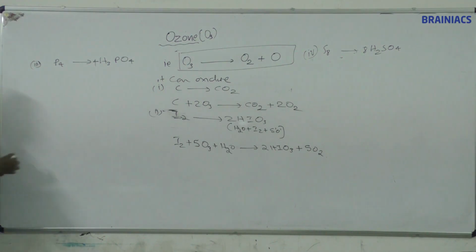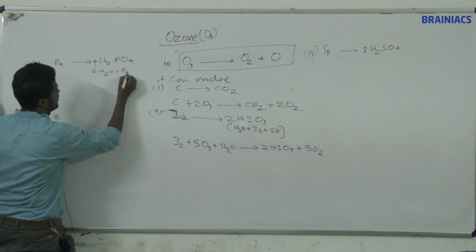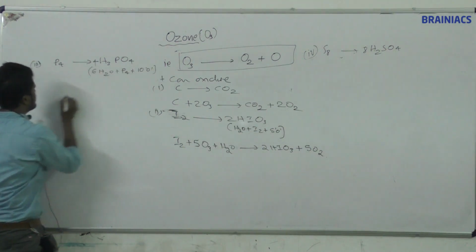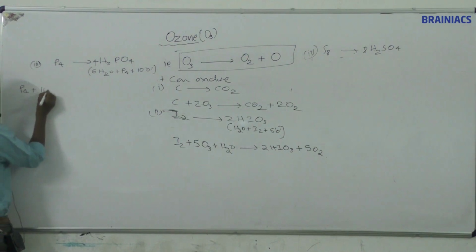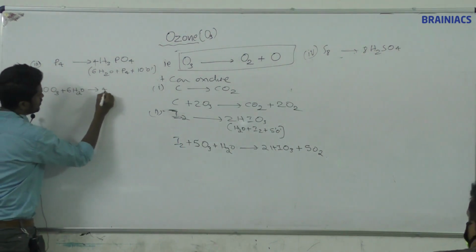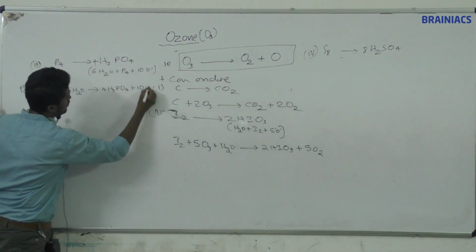So 6H2O plus P4 plus 10 O3 gives 4H3PO4 plus 10 O2.